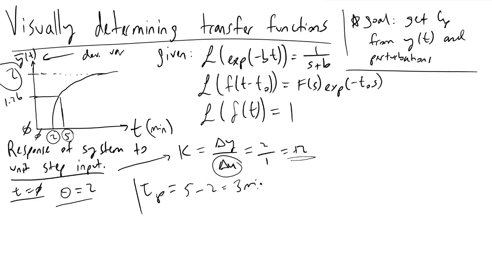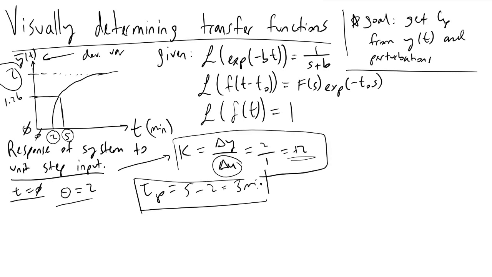And now that we have derived what tau p and K are, as well as realized what our lag is, we will look at the kinds of transfer functions we have in our toolbox.